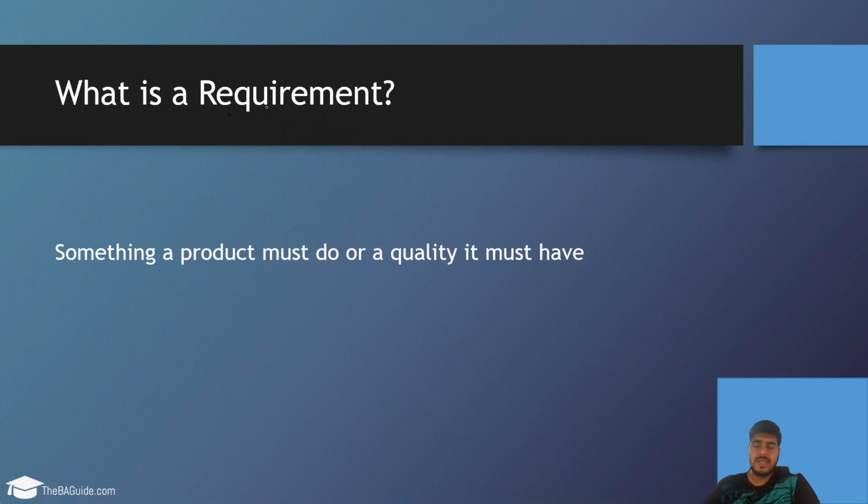So let's understand requirements since it's so important. What is a requirement? A requirement is something a product must do or a quality it must have. So basically, the stakeholders will tell you our product must have these features.